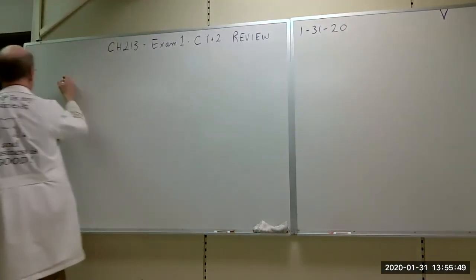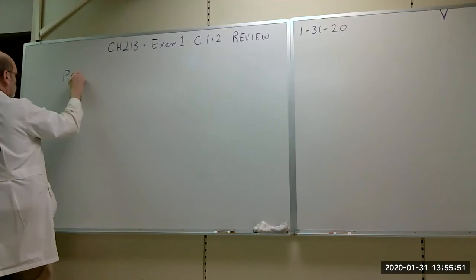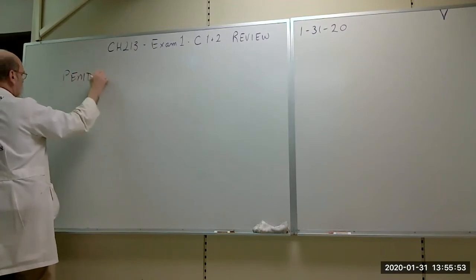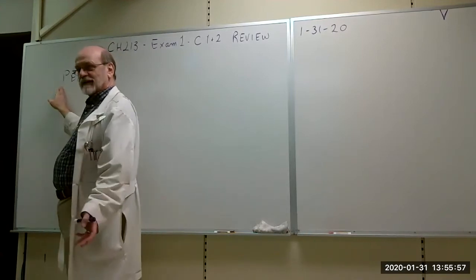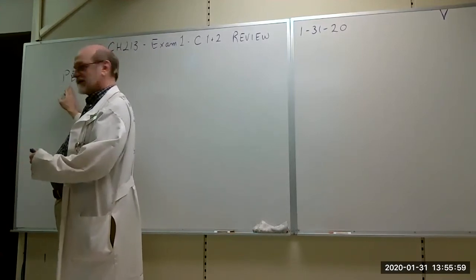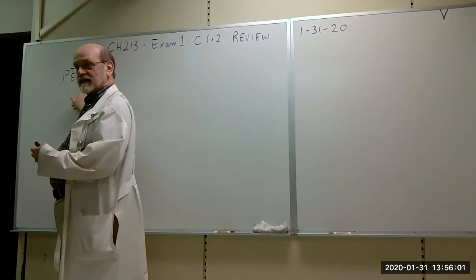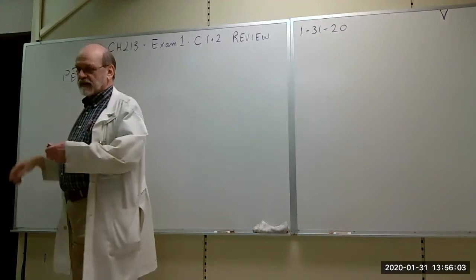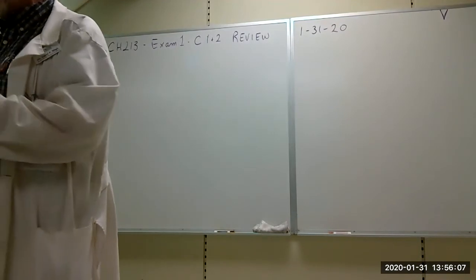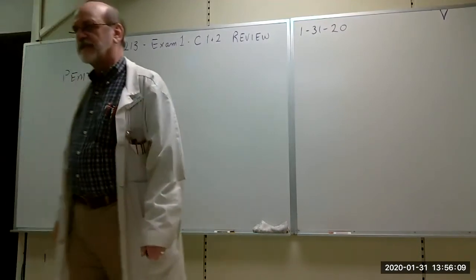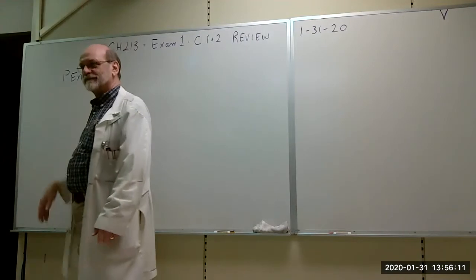Your fallback position, order of operation: parentheses if you got them, then exponents, then multiply, divide, then add, subtract. So some of those questions in there are calculations, and there are no parentheses, so you have to use the proper order.